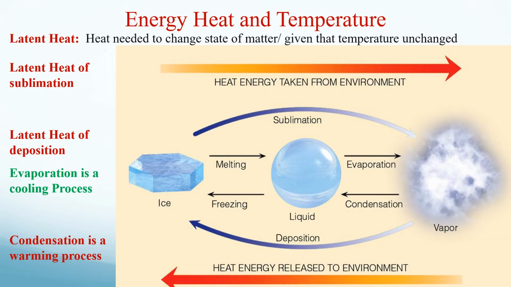With sublimation, the ice goes directly to vapor. Ice is supposed to go to the liquid phase first and then the vapor phase. No, the ice goes directly to the vapor phase. That's sublimation.